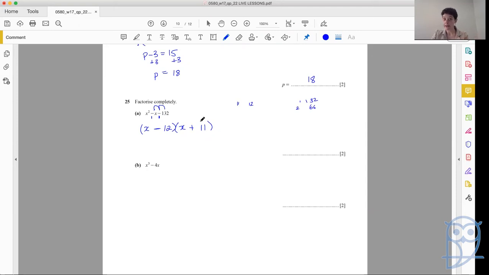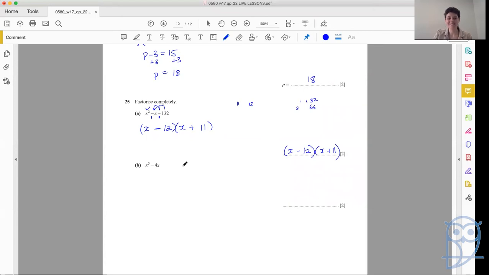With these ones, always check. x times x gives us x squared. Yay, we're happy. Minus 12x plus 11x gives us minus x. Brilliant. Minus 12 times plus 11 gives us minus 132. So x minus 12, x plus 11.